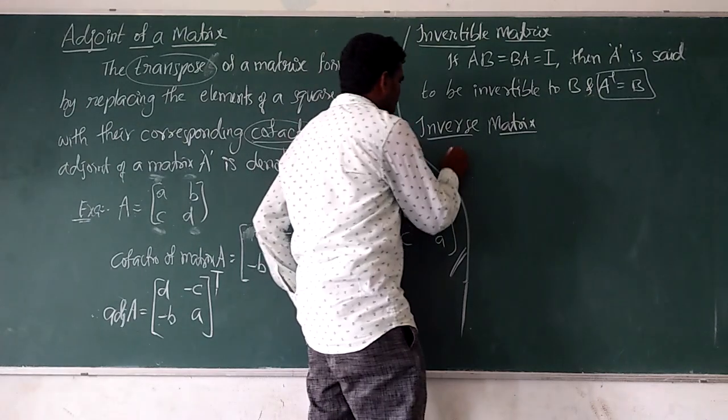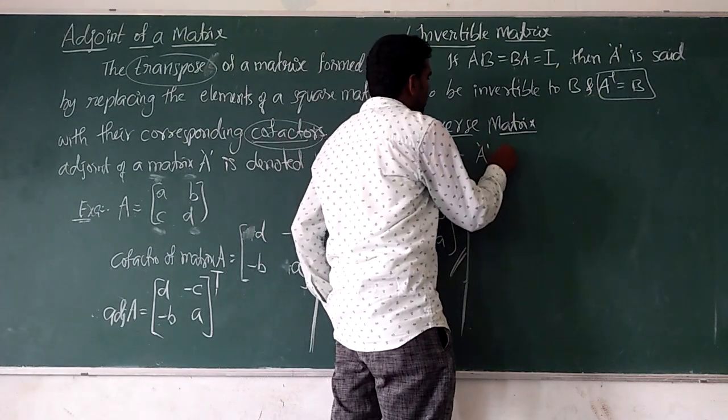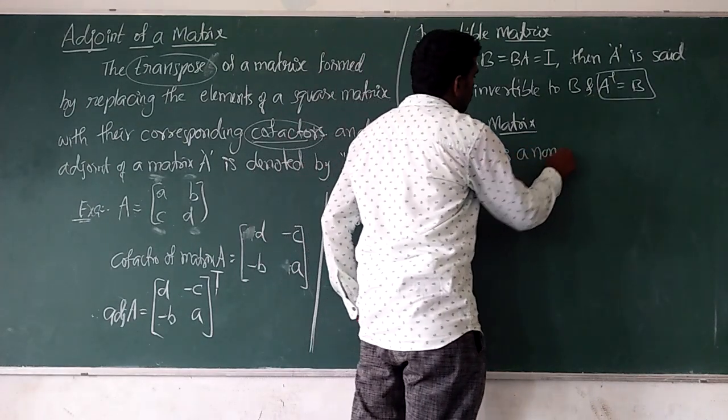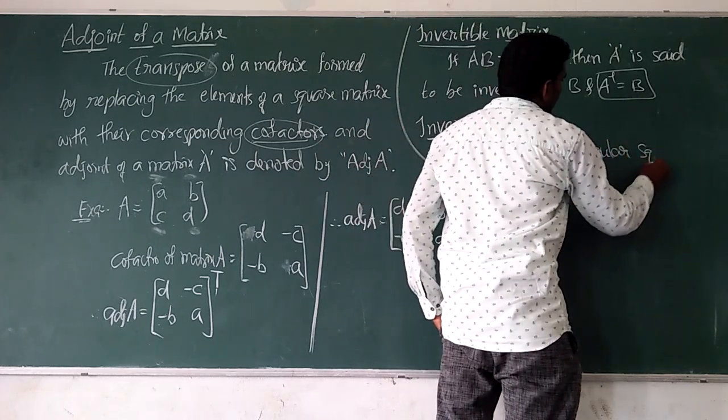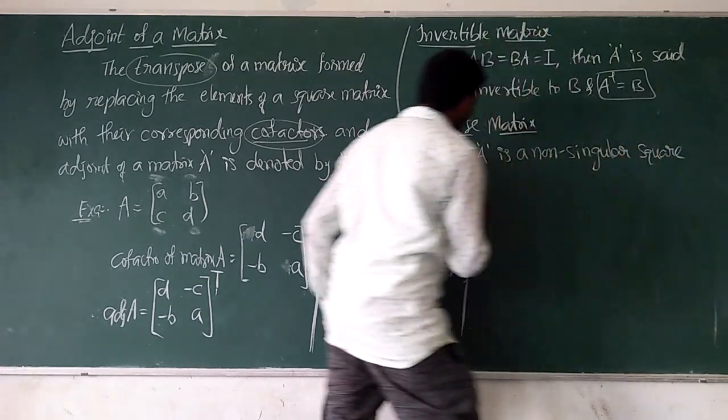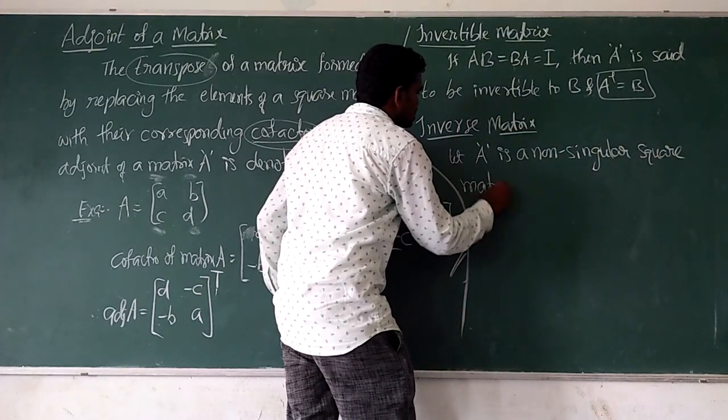Let A be non-singular. A must be a non-singular square matrix.